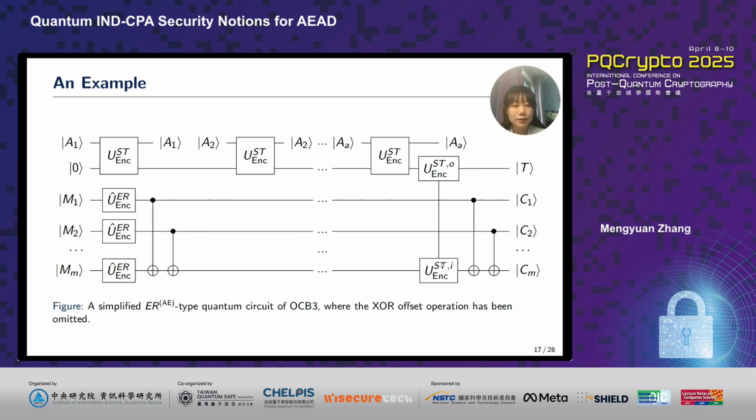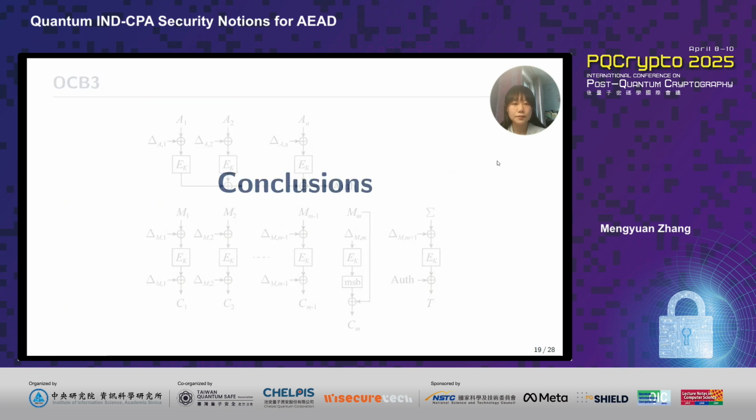And there, I denotes this is the input register of this oracle, O denotes this is the output register of this oracle. As a result, the overall output of the circuit will be A, C, and T, and this is an ERA type circuit.